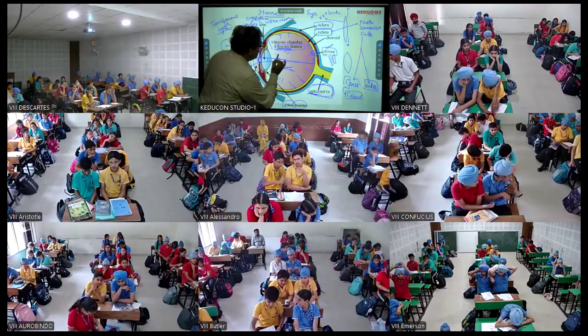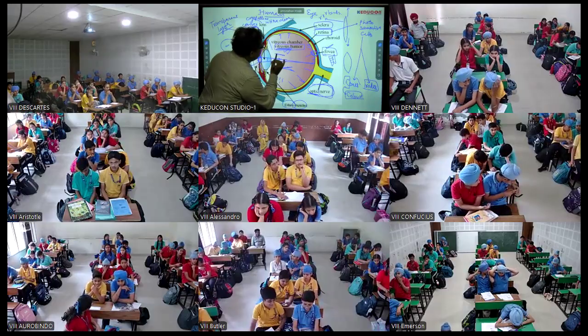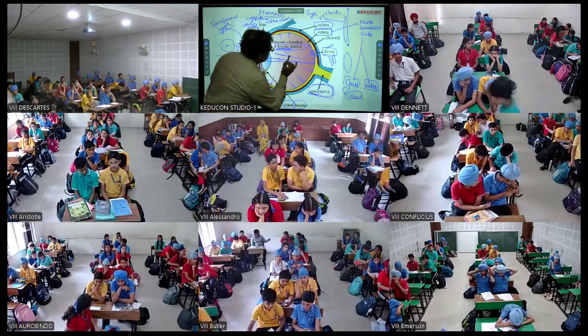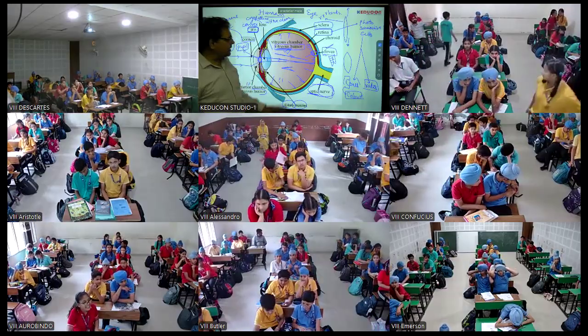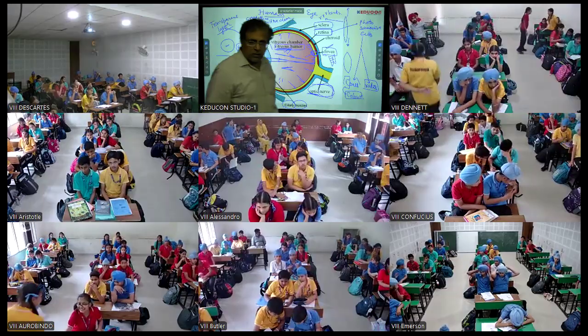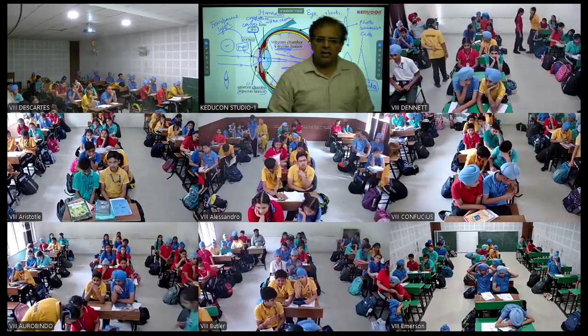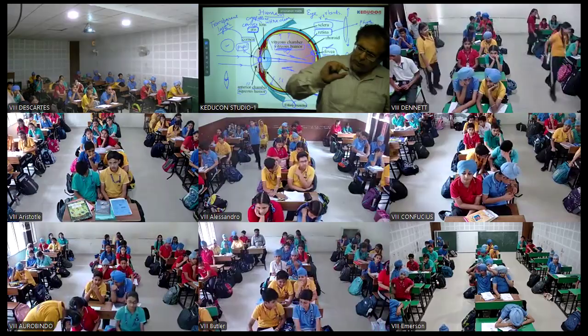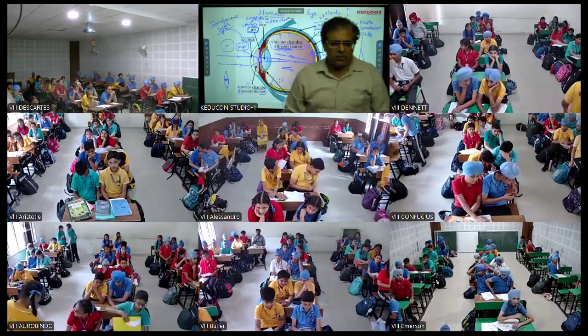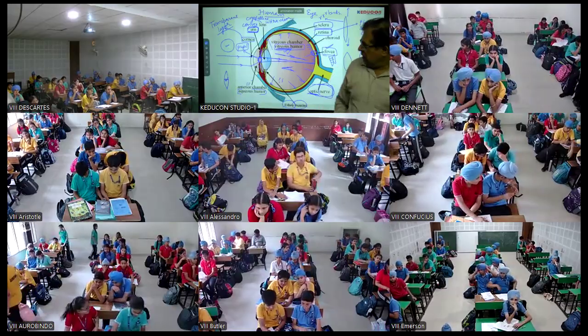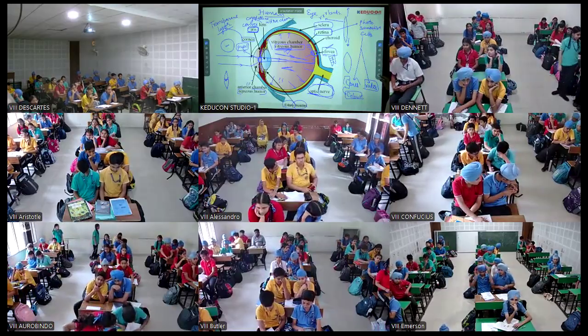It keeps the ray of light very sharply directed to a single point. That is the job of the vitreous humor. Number one, it keeps the ray of light very sharply focused. Number two, it keeps the eyeball spherical in shape. This was the discussion of the human eye.